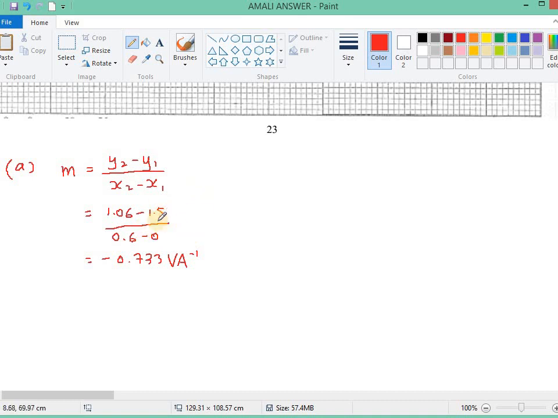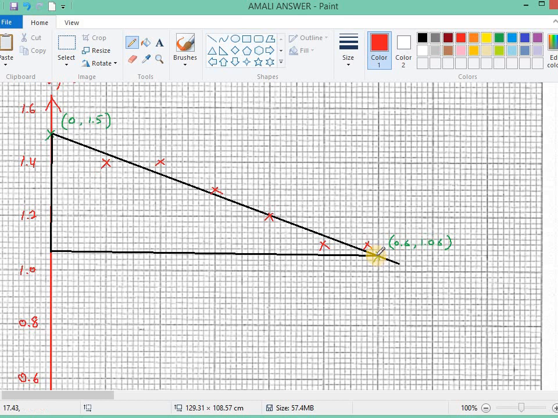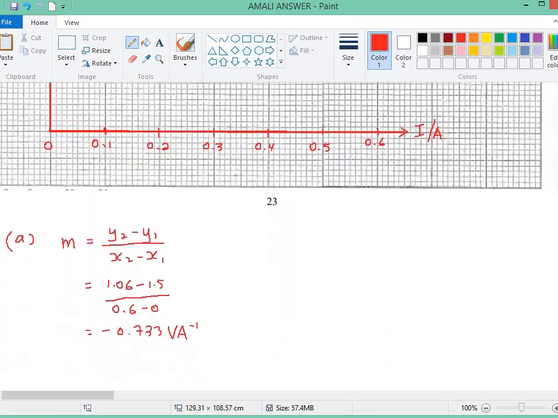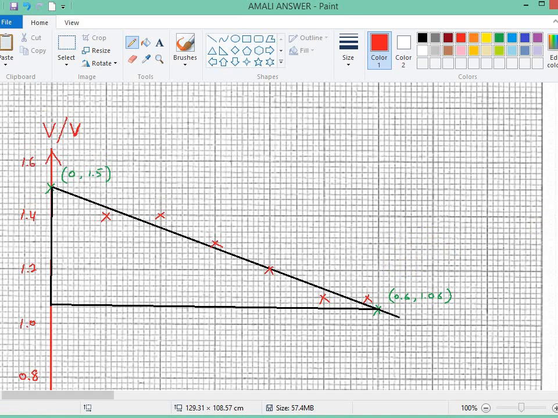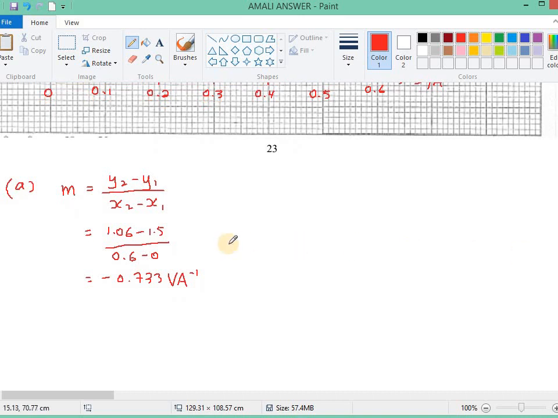Why must you show? Because the examiner may compare this number with the triangle, with the 2 points that you chose and marked in the graph. Okay, this coordinate here and the coordinates of the 2 points that you chose must be the same. If not the same, then you lose marks. So make sure that you show the coordinates here.